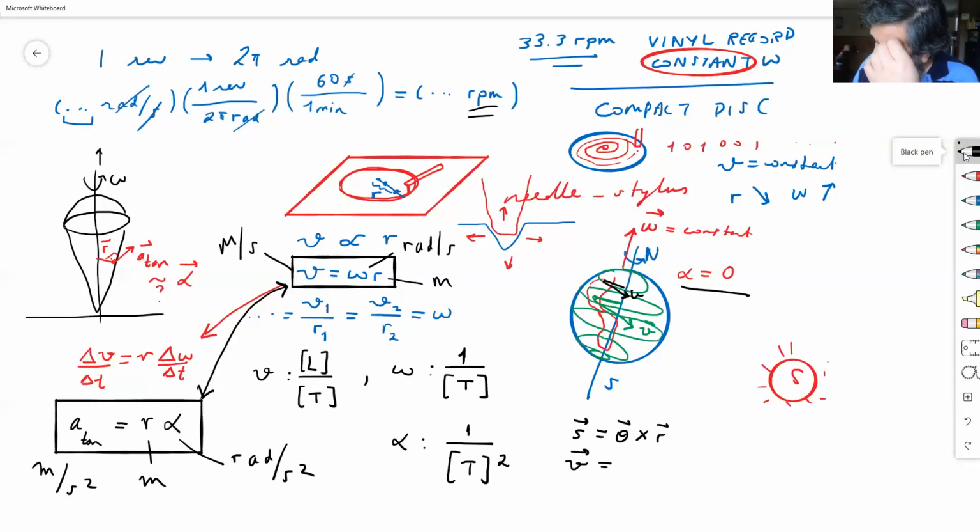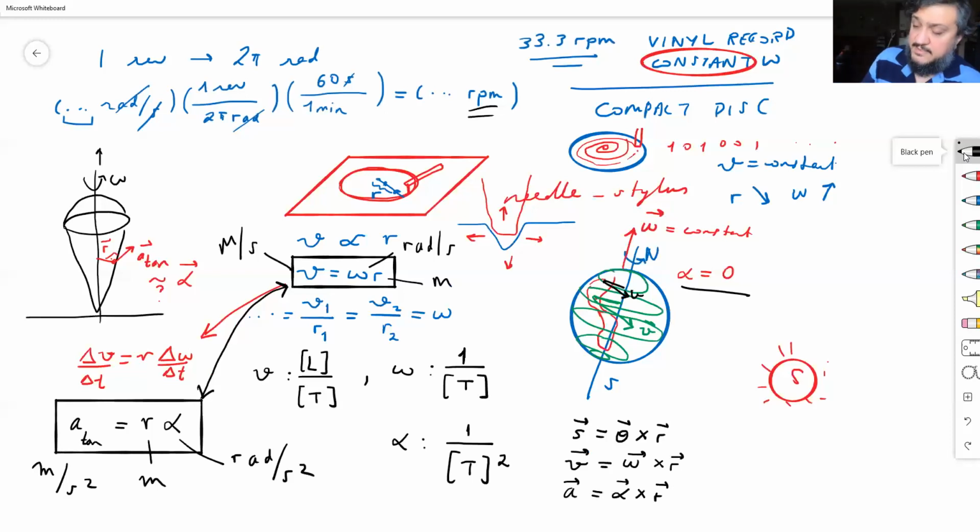So omega cross R should give you v. All right, so what if I have a here, alpha cross R. So that's the vector nature here of these variables and how they are related.